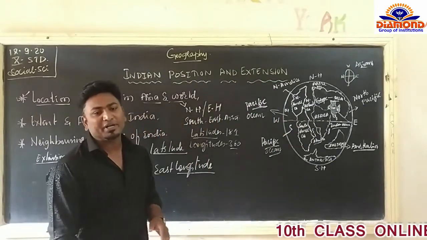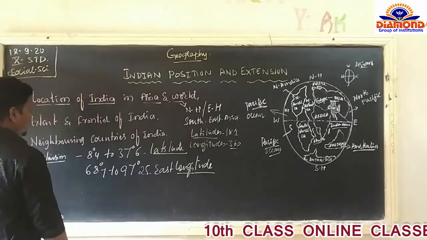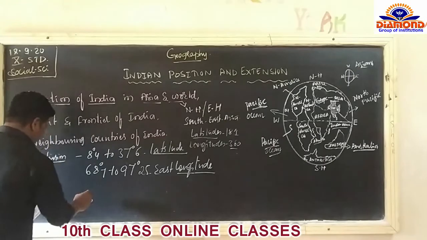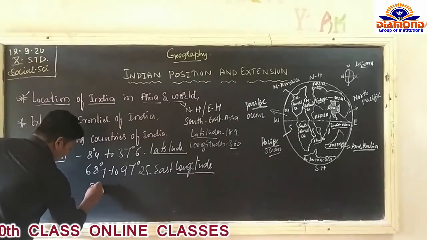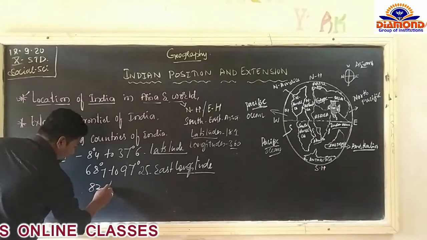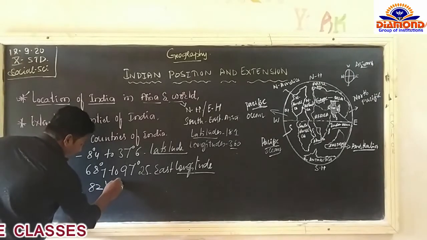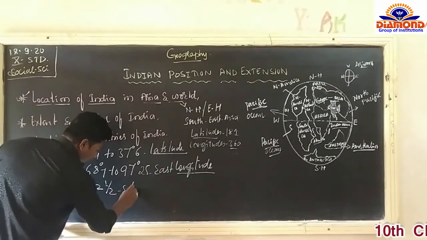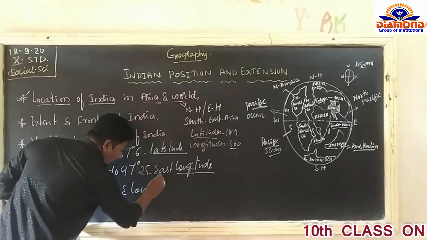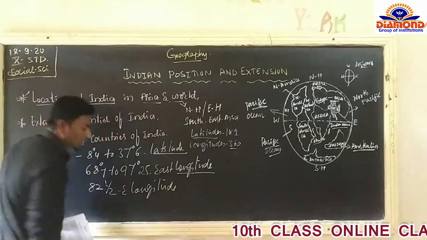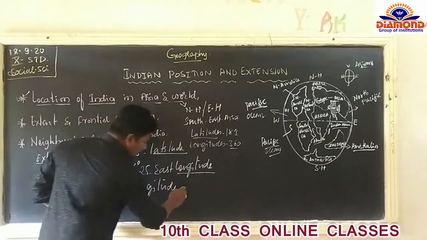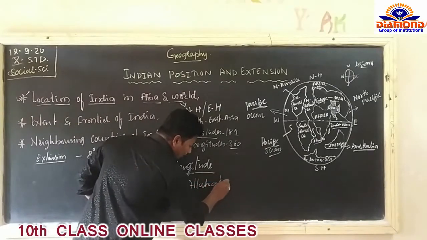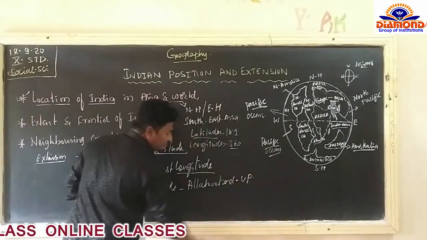The very important line which crosses India is the longitude we calculate as 82 and a half degree east. This important longitude crosses within our India, passing through Allahabad of Uttar Pradesh.